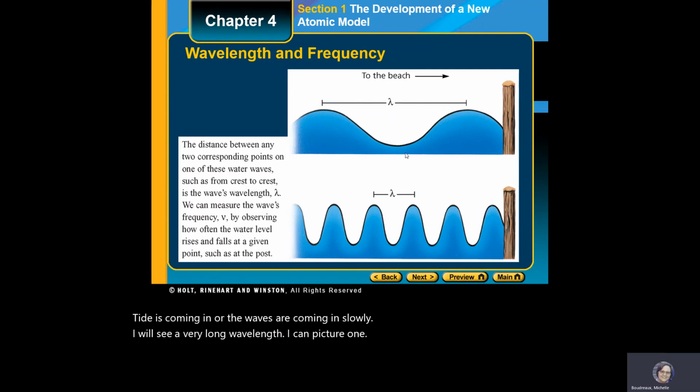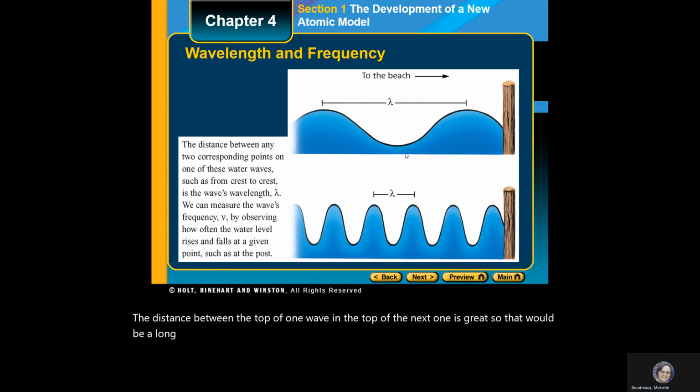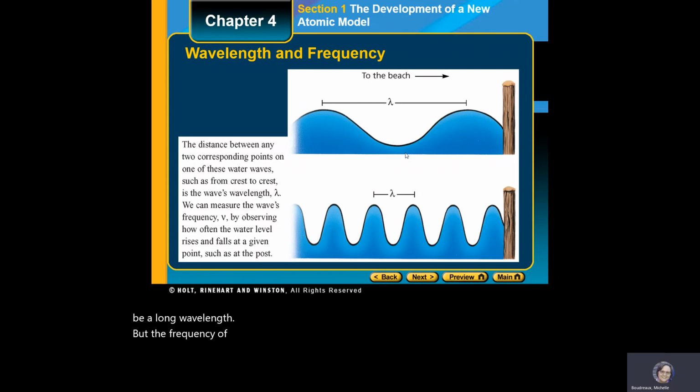The distance between the top of one wave and the top of the next one is great. So that would be a long wavelength. But the frequency of that splashing as it hit that pier would be very slow. So if wavelength is long, then frequency is small.